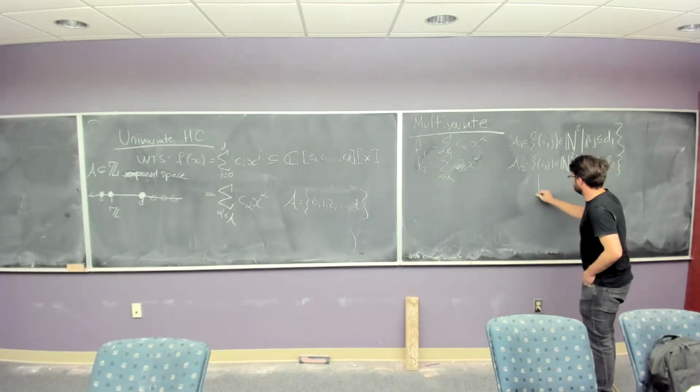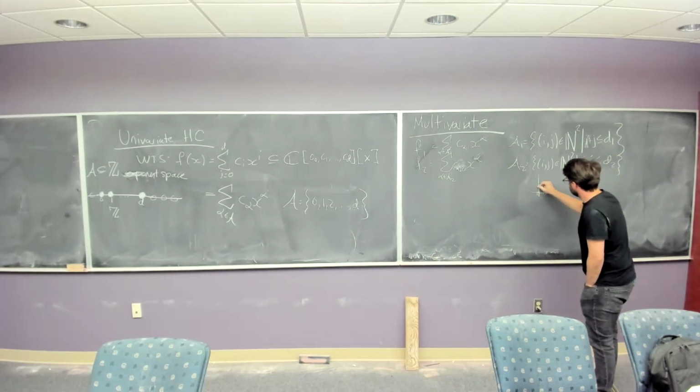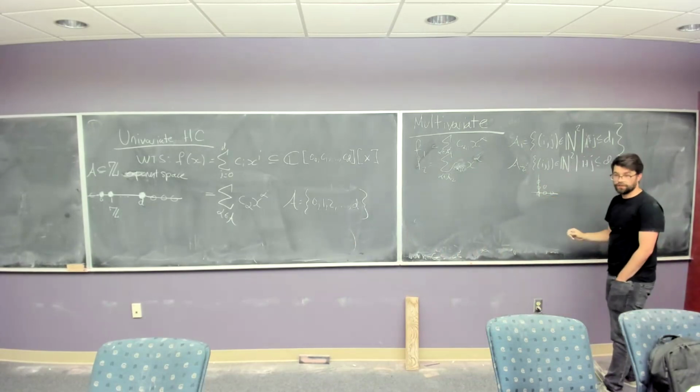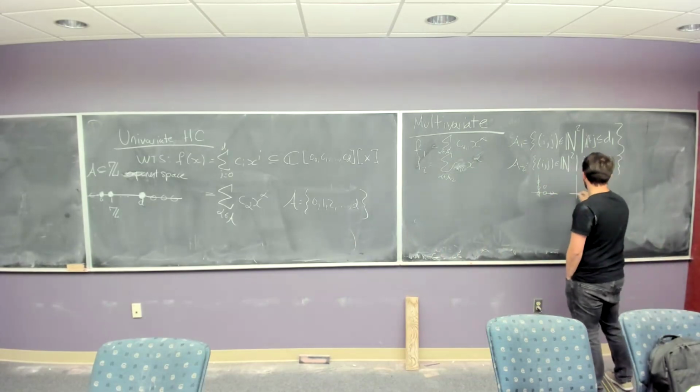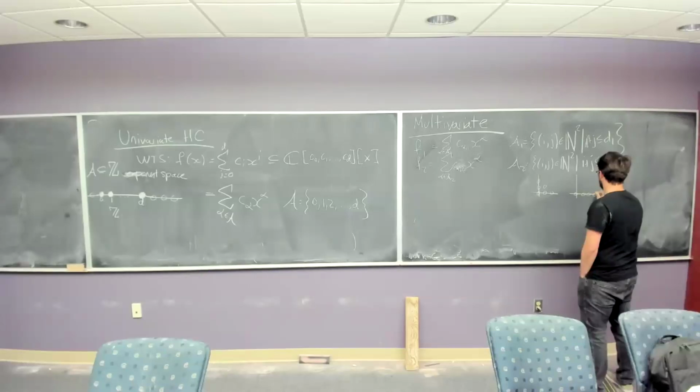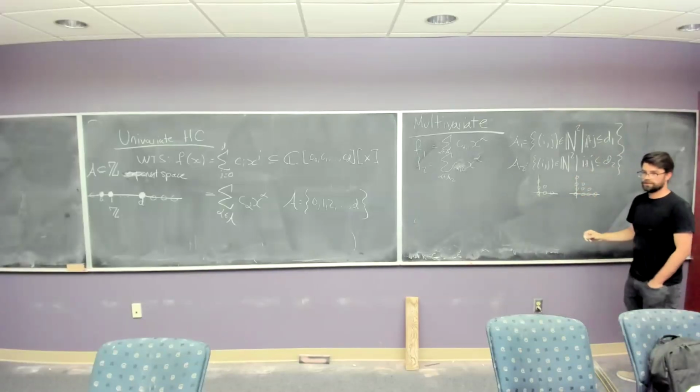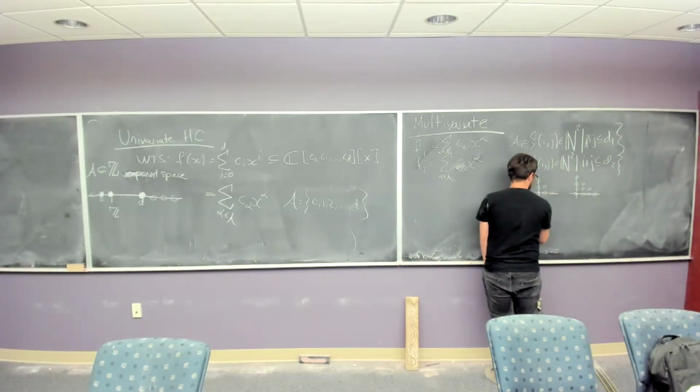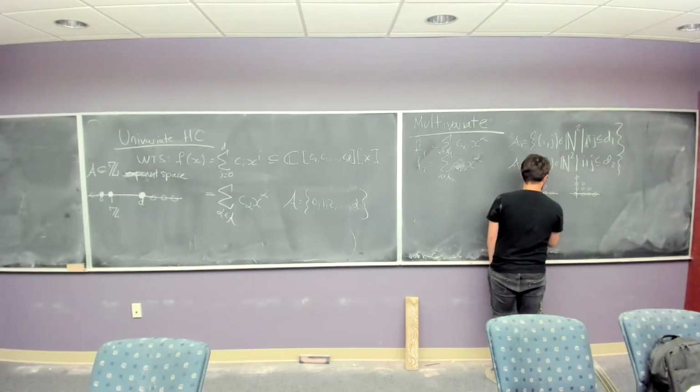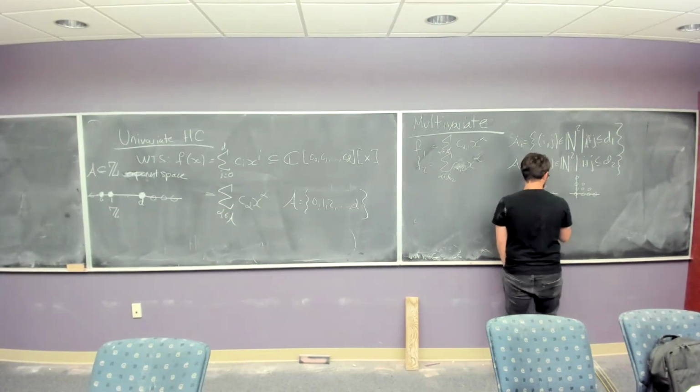Let's make it a bit more concrete. Maybe we're looking at trying to solve a degree 2 polynomial and a degree 3 polynomial in two variables. So this would be like C 0, 0, comma 1.